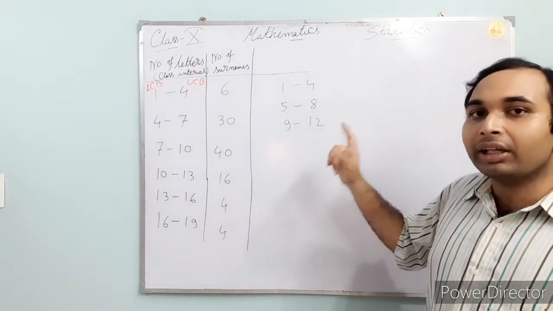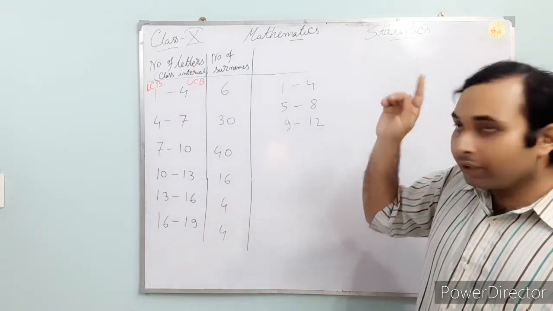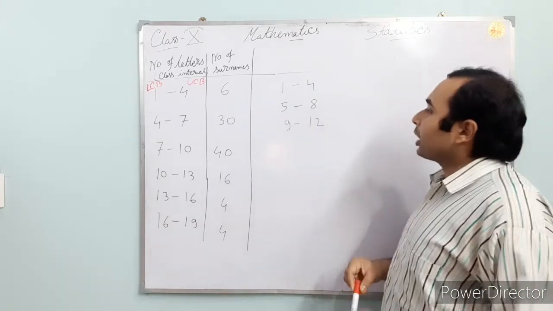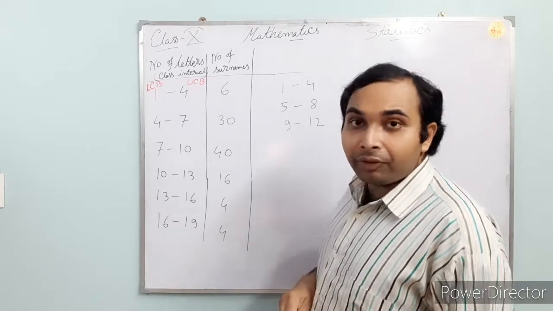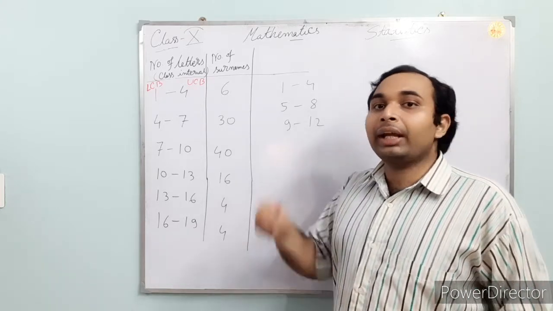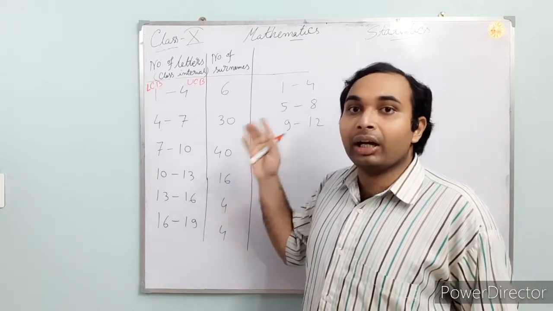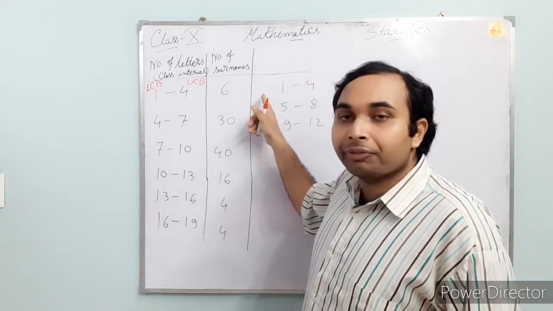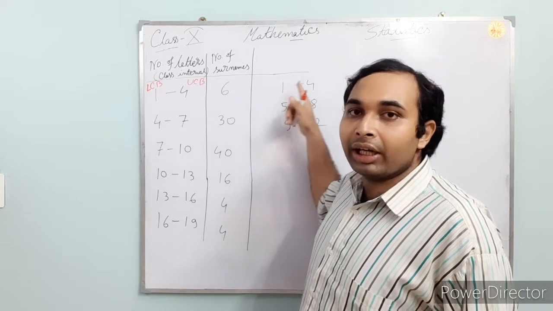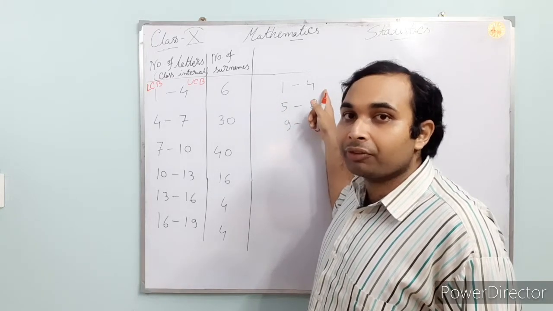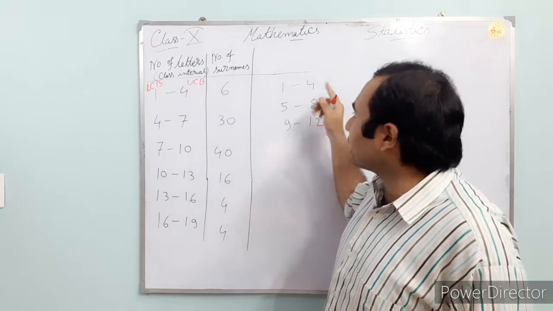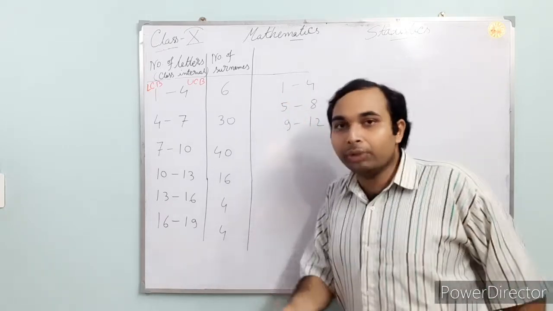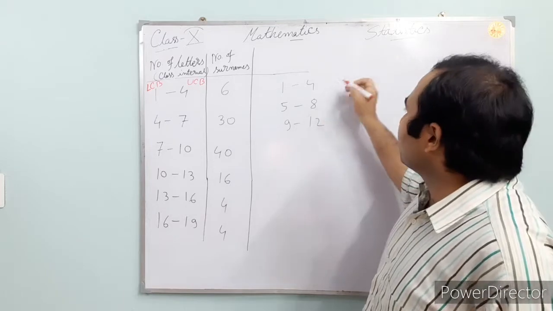For making the data continuous, very important: you have to subtract 0.5 from the lower class boundary and add 0.5 to the upper class boundary, so that the balance will be the same, but also you will see it will be continuous. Let me show you.